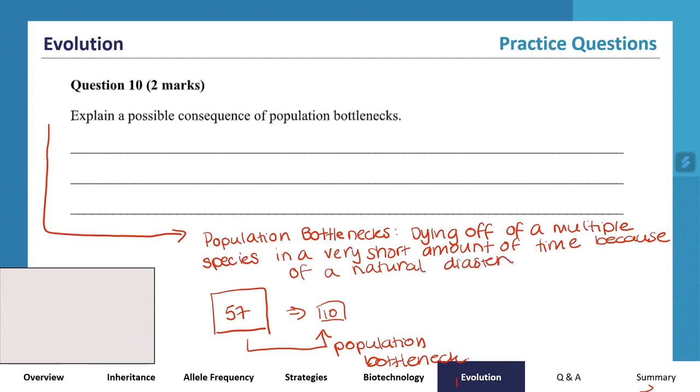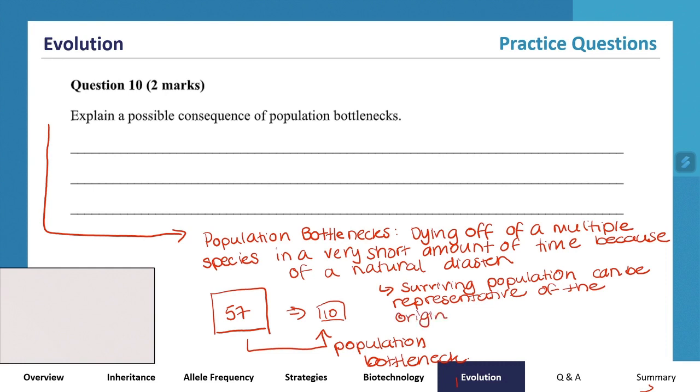And sometimes the surviving population can be representative of the original population. But oftentimes, the surviving population is a lot more vulnerable.